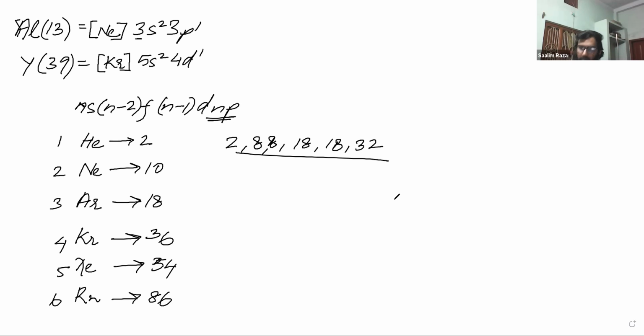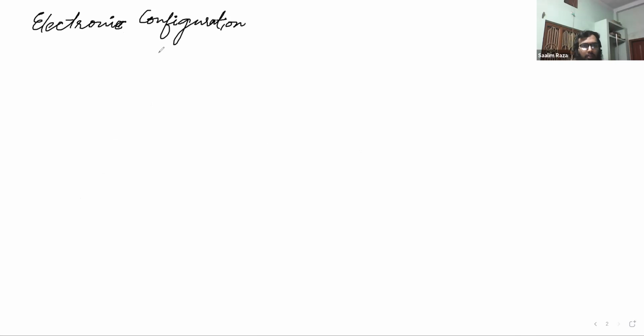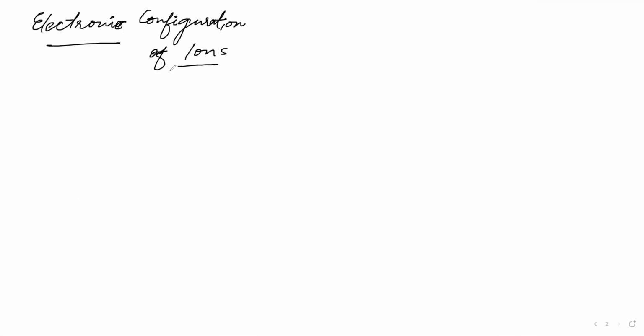Okay. Now we will learn about the electronic configuration of ions. What is an ion? First of all, tell me. Any atom which loses or gains electrons by exchange forms an ion, right?